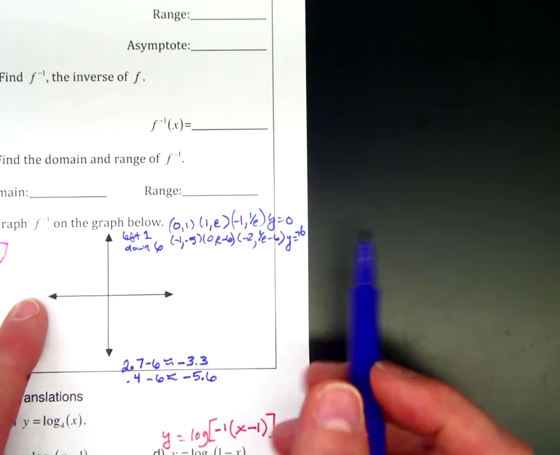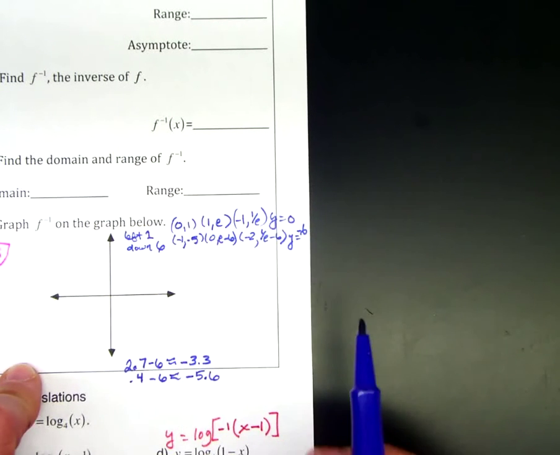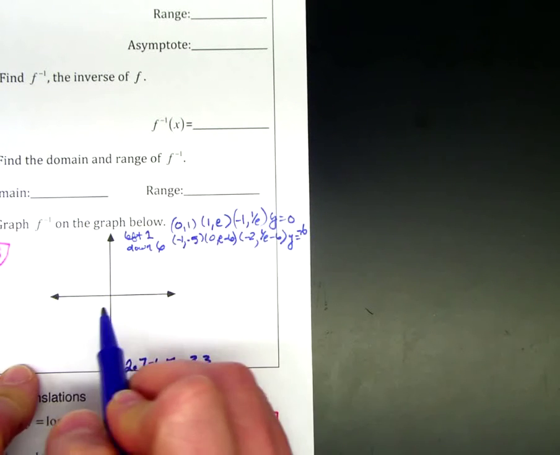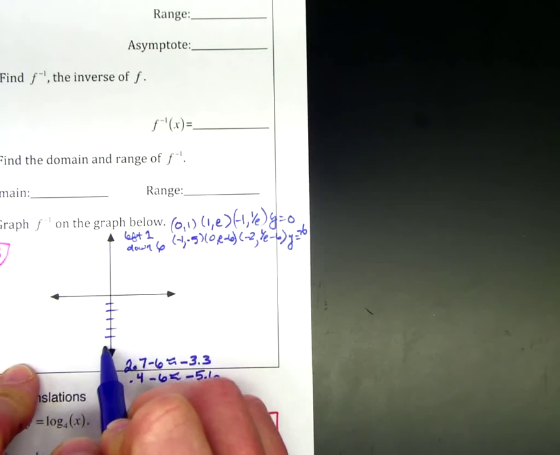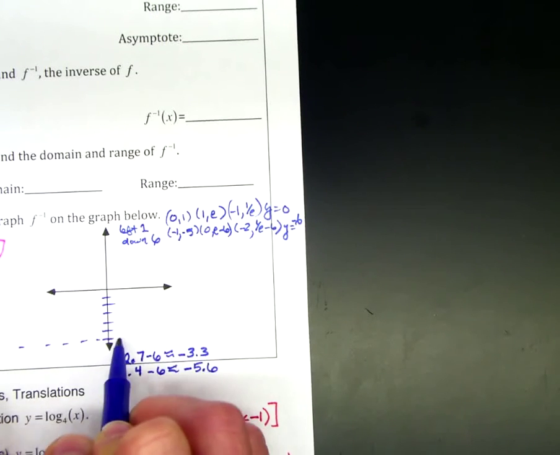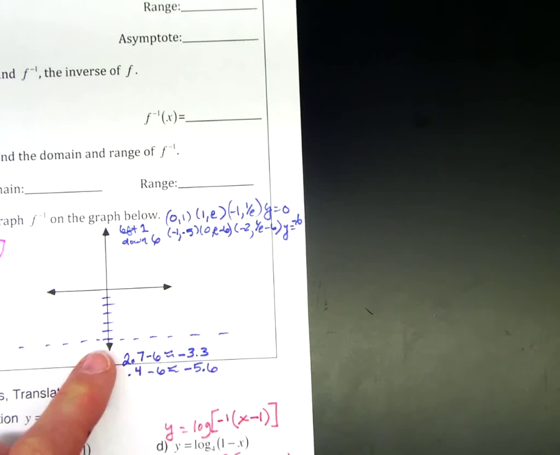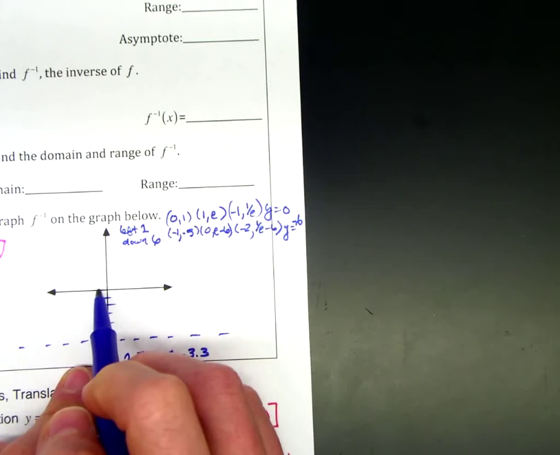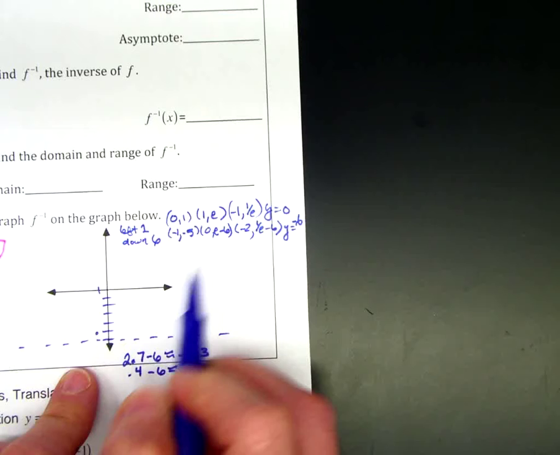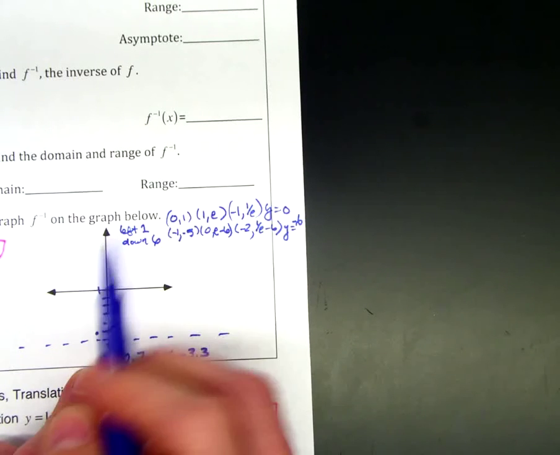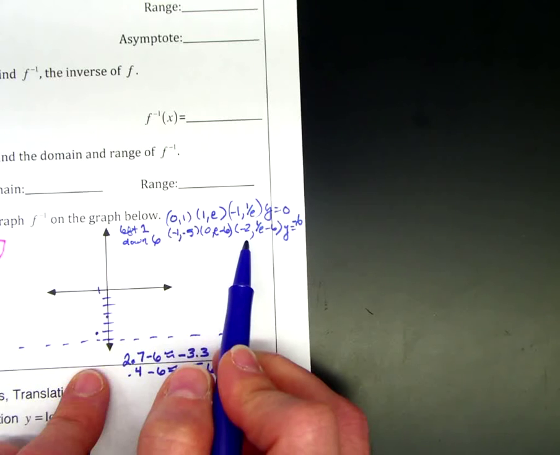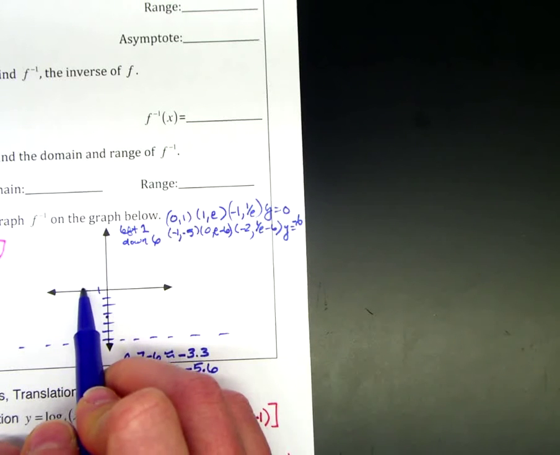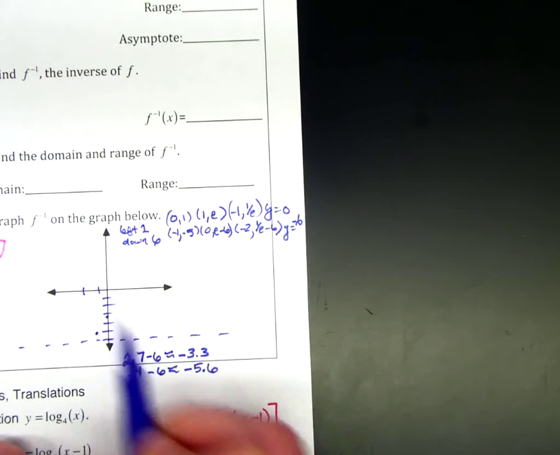So now we can plot these. Y equals -6. 1, 2, 3, 4, 5, 6. And then (-1, -5), (0, -3.3), and (-2, -5.6).